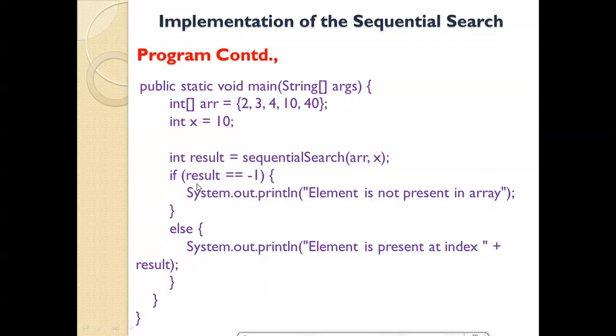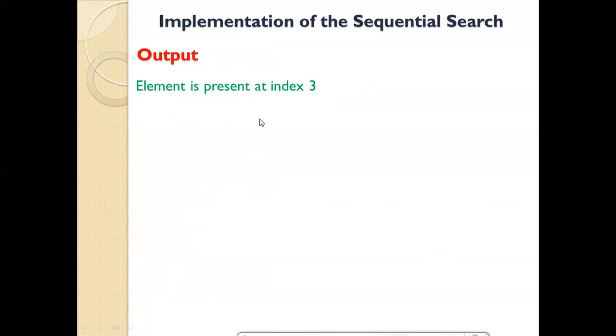If result is -1, at that time the element is not present in the array. Otherwise the index of array will be written by using result variable. So finally we will get answer: element is present at index 3.